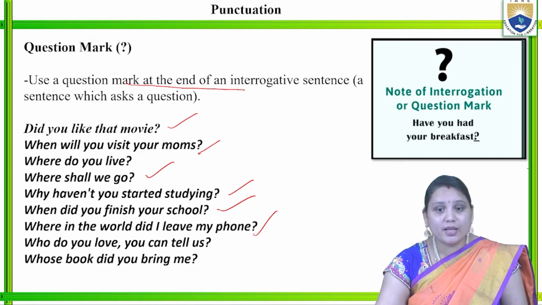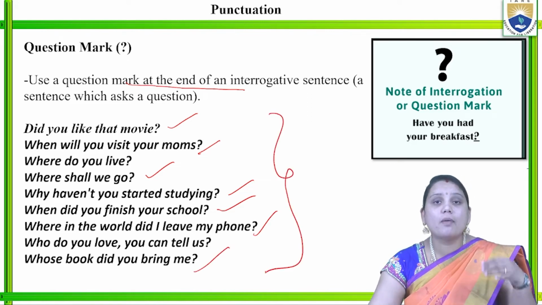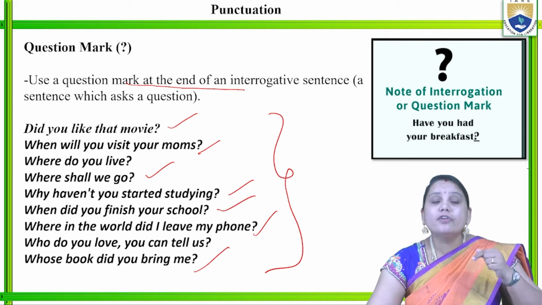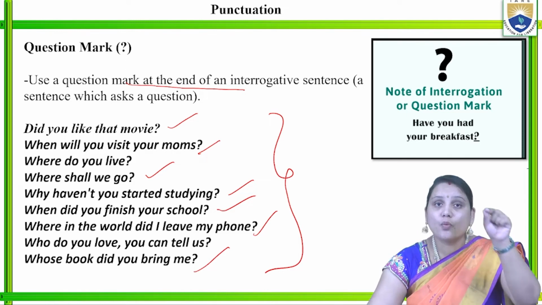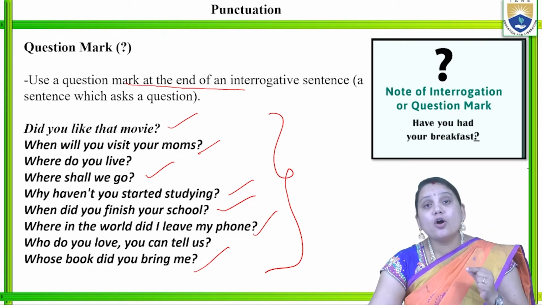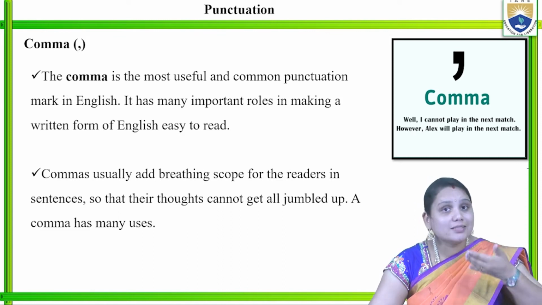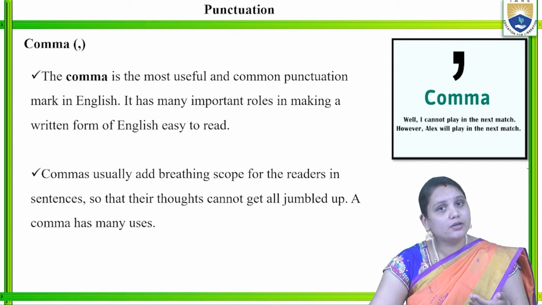Whose book did you bring me? Isn't it? These are all question mark format sentences which will give an expression of a question mark. So, in oral communication, you're going to project that expression when you are asking a question to the other person.